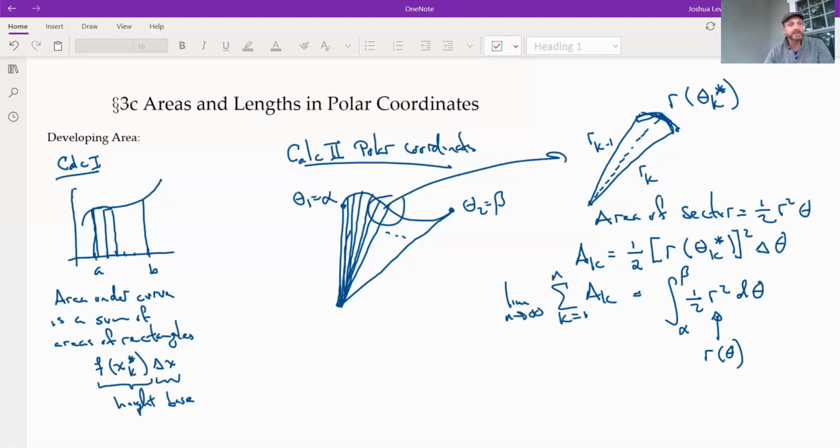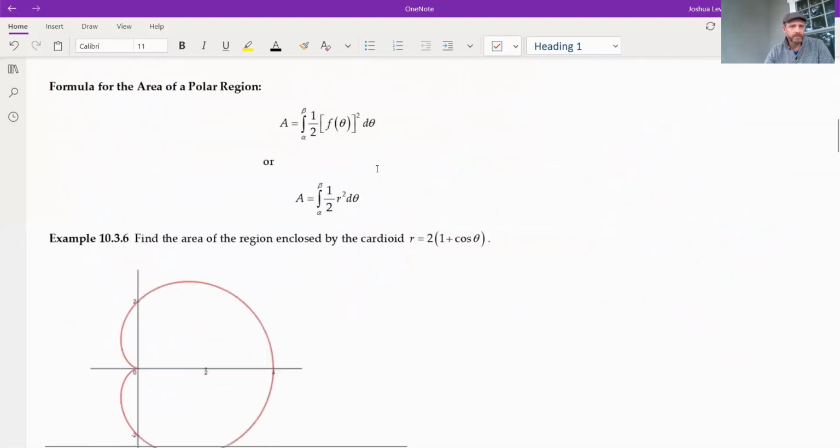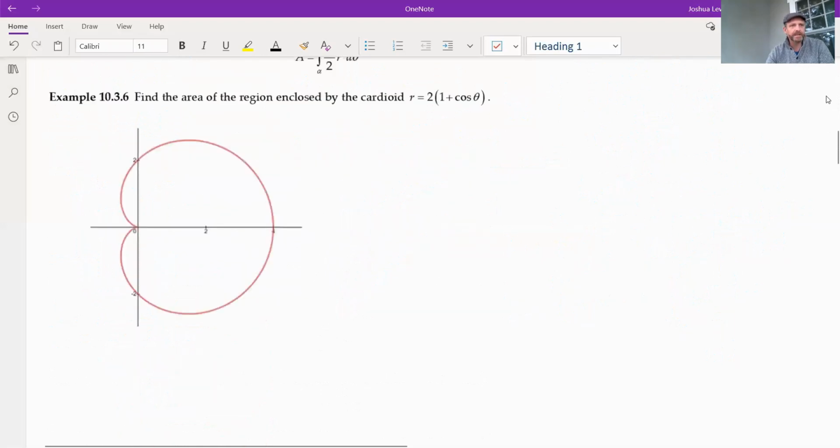So let's see how this plays out. Here we got a cardioid, okay? And I want to find the area of the region enclosed by the cardioid. Now, notice there are no limits because we need to know what those are, right? So the cardioid is going to start at theta equals 0, and then as this traces out, it's going to come all the way back to where it started after 2 pi.